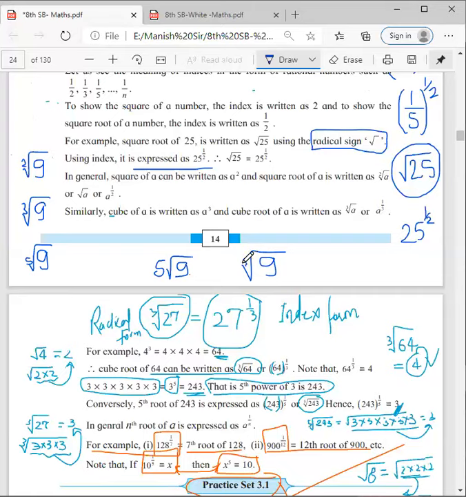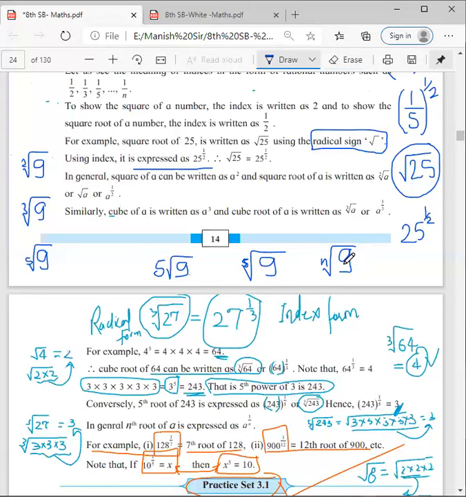See the location where I'm writing 5. This should be your location of the root, nth root. In general, very simple, I can say this is nth root of 5. Let's say nth root of 5 I'm saying, and I can write nth root of 9 also. Meaning is very simple. I hope this one is clear to you all.